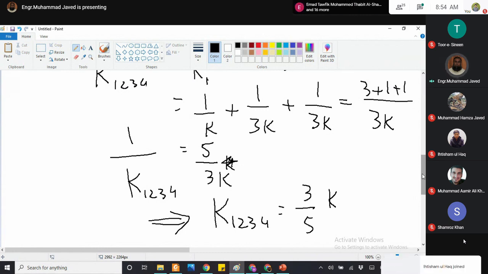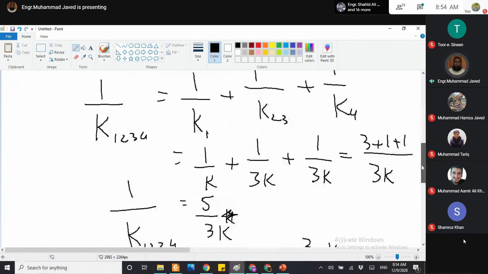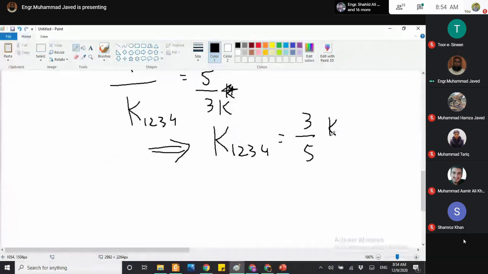Now these three springs can be replaced by a single spring whose stiffness is 3/5K.